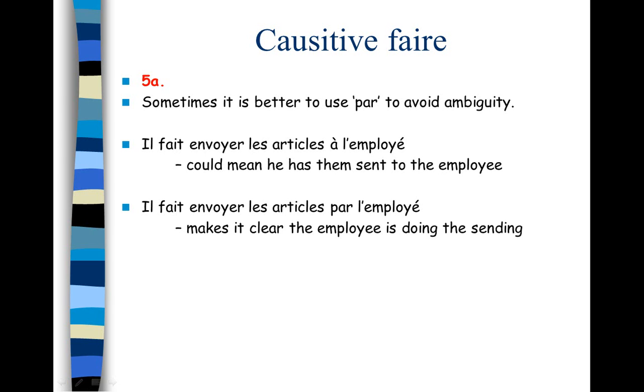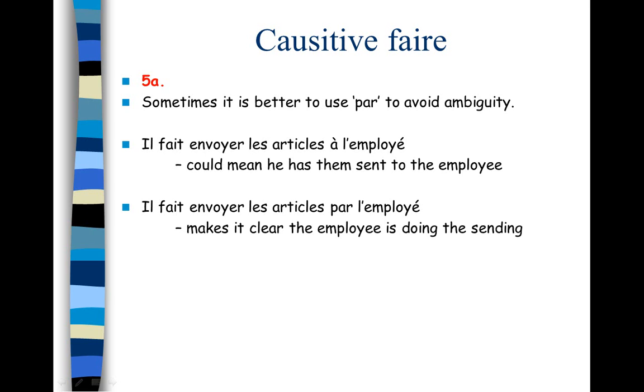This construction, if you make it into the indirect object, it could either mean to or by. So if you use par, you avoid the ambiguity. This makes it clear that the employee is doing the sending. Il fait envoyer les articles par l'employé. It's absolutely certain he has the articles sent by the employee.